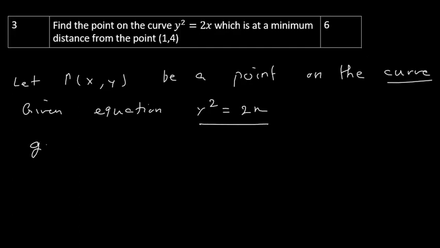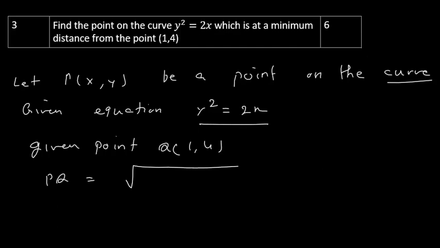Let P(x, y) be a point on the curve. The given point is 1, 4. Now what we have to do is find a point on y square equal to 2x which is at a minimum distance from 1, 4. Now I will consider this given point as Q and the other point as P. Now distance PQ is equal to the square root of, we apply the distance formula, (x minus 1) the whole square plus (y minus 4) the whole square, or I can say (1 minus x) the whole square plus (4 minus y) the whole square.